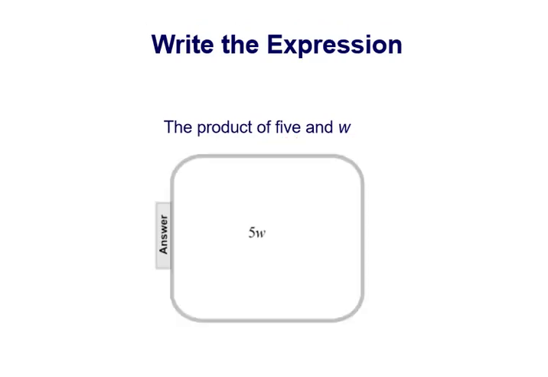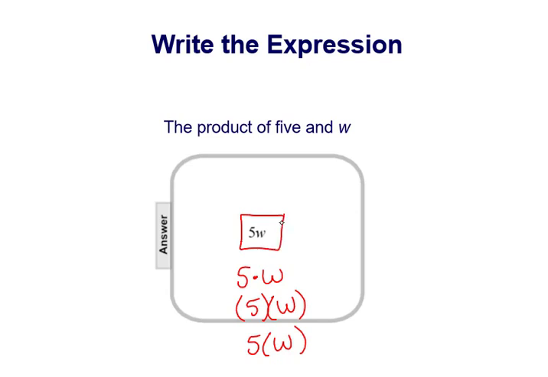Product indicates multiplication. So that would be the multiplication of the number 5 and the variable W. We can, for example, write that as just 5W. You also could have used the multiplication dot, or you could have used parentheses, but the more general, proper way is 5W for the product of 5 and W.